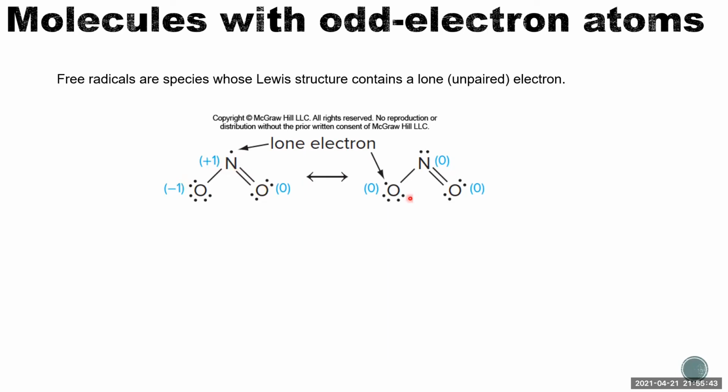When you see this Lewis structure, obviously it's a resonance structure, there is one lone electron on nitrogen, or it can have one lone electron on one of the terminal oxygens. These lone electrons are not commonly seen in Lewis structures, but when you see one, it's still possibly true, and the molecule has an odd number of electrons, or it's called a free radical.